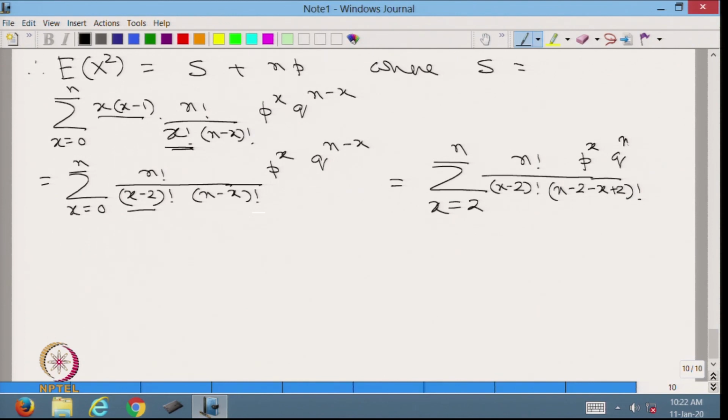p to the power x q to the power n minus 2 minus x plus 2.